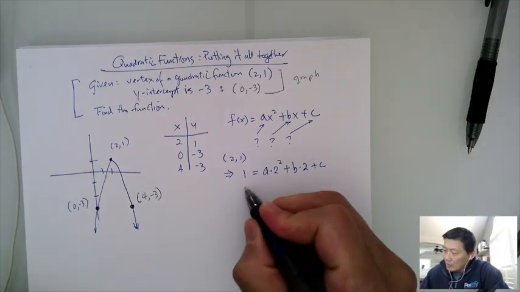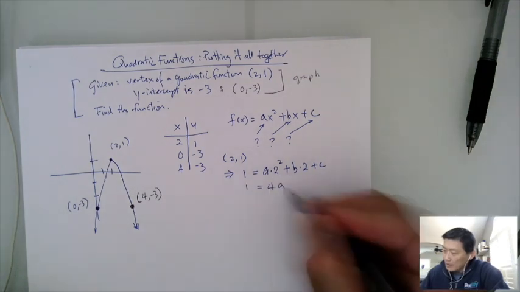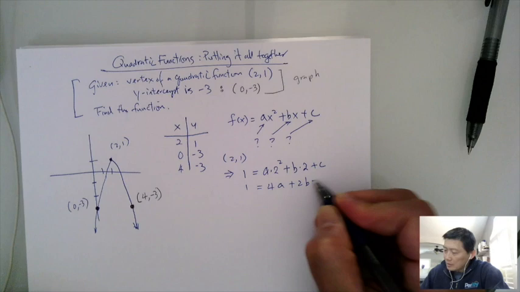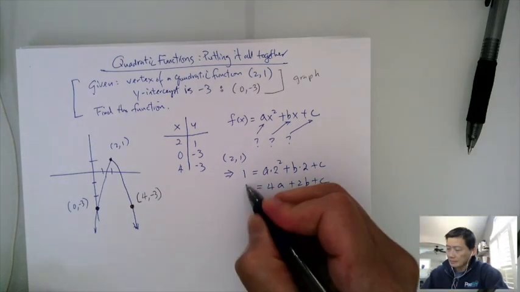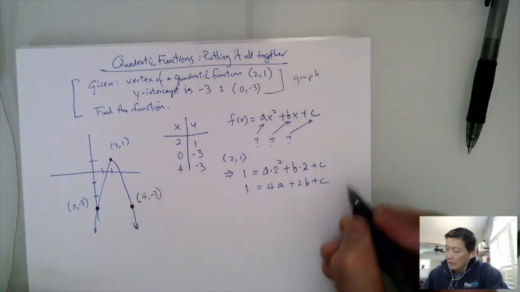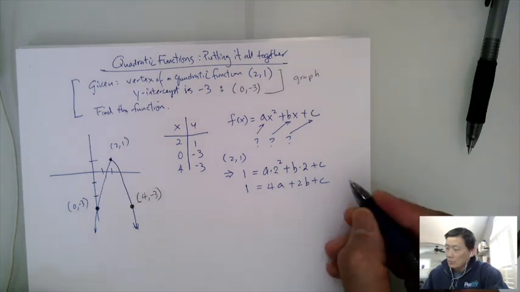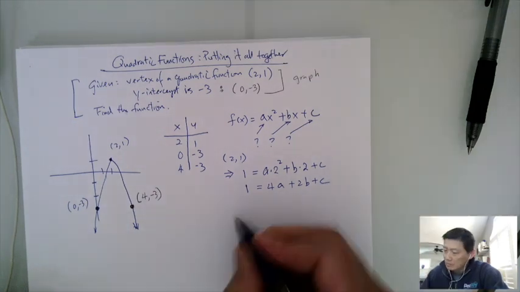So this becomes 1 is equal to 4a plus 2b plus c. At least that's what I come up with for now.